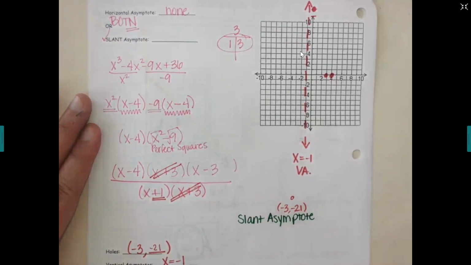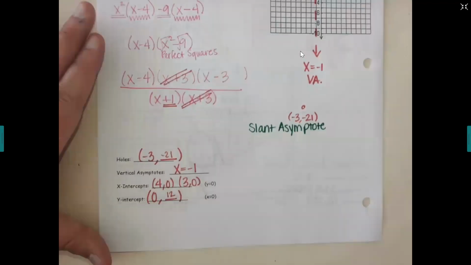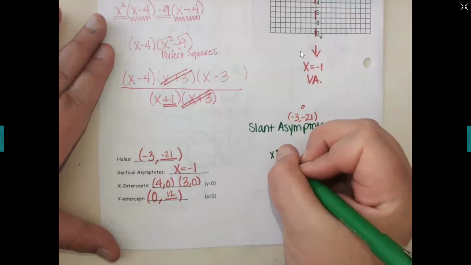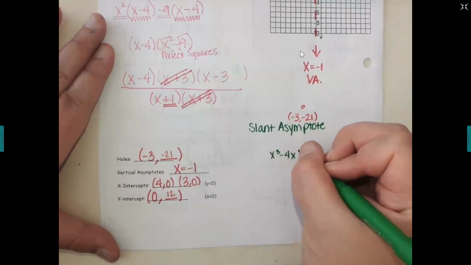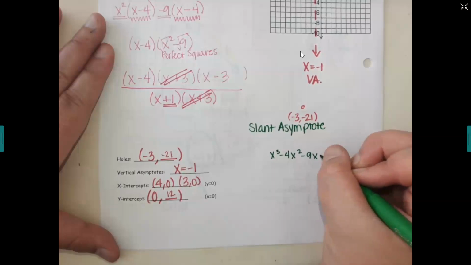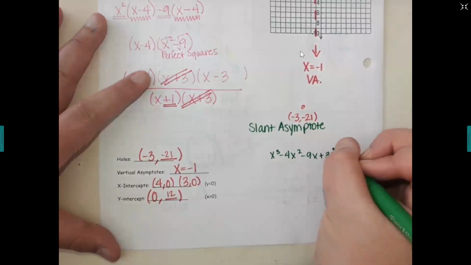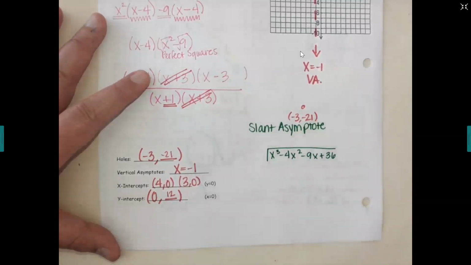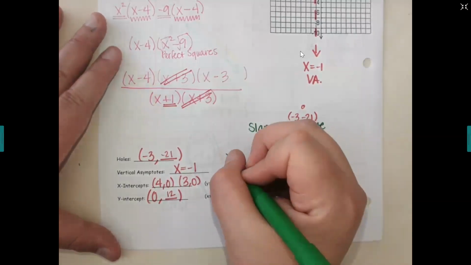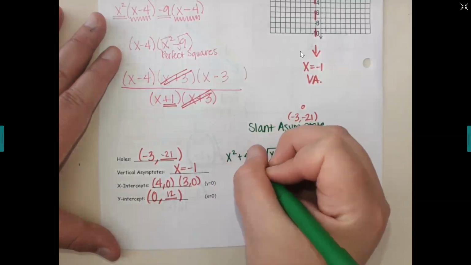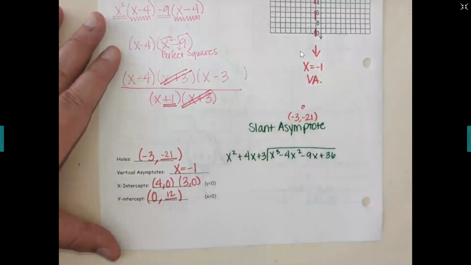Okay, so for the slant or the oblique asymptote, I'm going to do top divided by bottom. Okay, but remember, we're going to be a little bit lazy and we're not going to finish the division. We're just going to get the part of it that we need. So I'm doing x cubed minus 4x squared minus 9x plus 36 divided by x squared plus 4x plus 3.